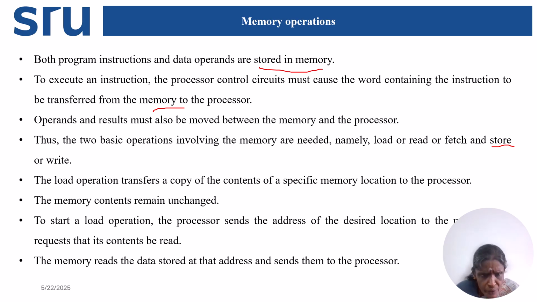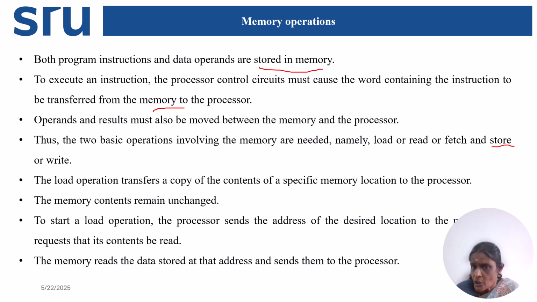The load operation transfers a copy of the contents of a specific memory location to the processor. So load means we copy the data from the memory location. Memory location means the address will be given, already we have seen.